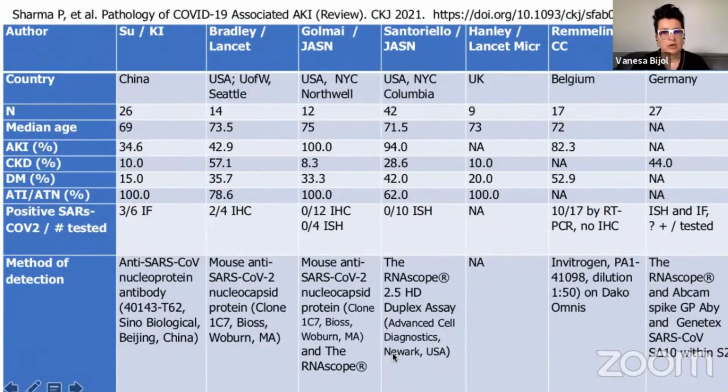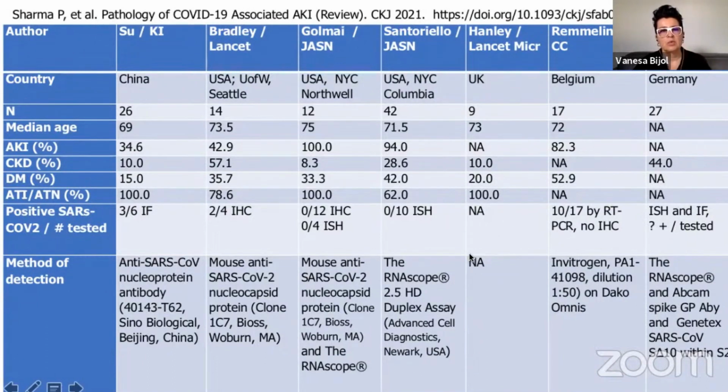In this particular table, which I modified from our review that we published early this year, what I'm trying to say, and I know this looks a little bit busy, is that you have 7 autopsy studies, 1 from China that I already mentioned, 3 from the States, 3 from Europe.